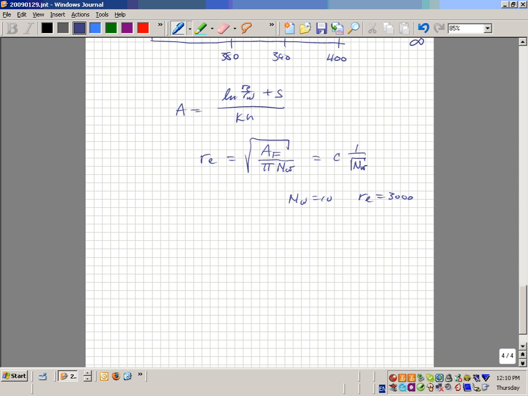Then log RE/RW would be log RE star RW, 1 over square root of NW. We say this term is 8 instead of this. Then this term would be 8 divided by square root of number of wells plus skin over KH.